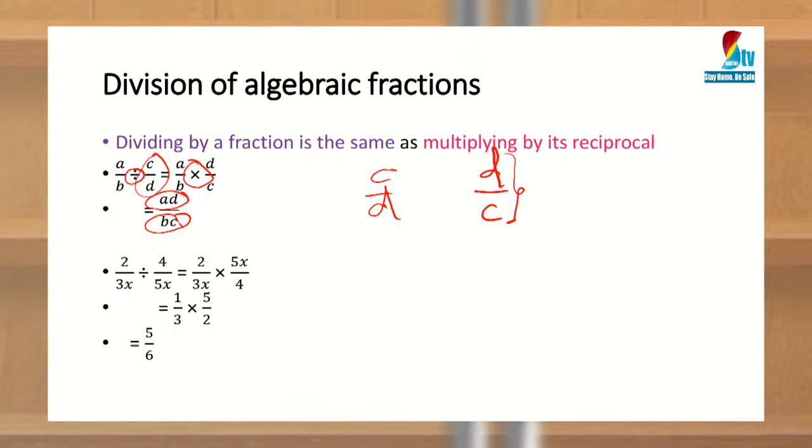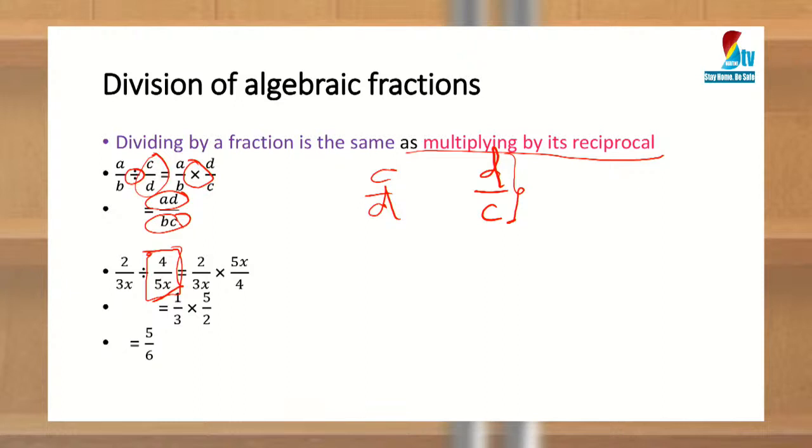I have another example here, dividing an algebraic fraction by a fraction. I have 2 over 3x divided by 4 over 5x. Remember, dividing by a fraction is the same as multiplying by its reciprocal. So we look at the next fraction, which is 4 over 5x.